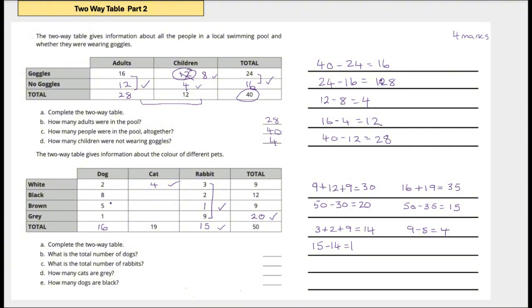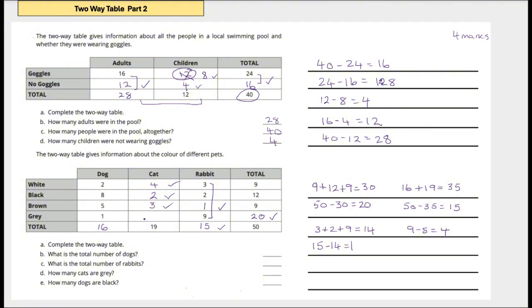Now we've got black cat. 8 plus 2 is 10. 12 minus 10 is 2. 8, 9, 10, 11, 12. Yeah, that's right. Next one, we have 5 plus 1 is 6. 9 take away 6 is 3. 5, 6, 7, 8, 9, that works.